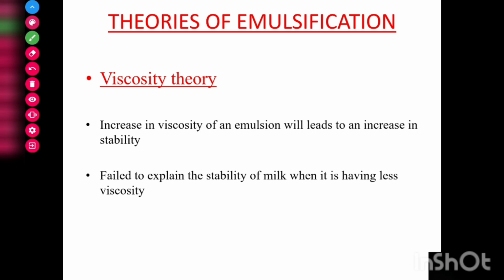The first one is viscosity theory. According to viscosity theory, an increase in viscosity of an emulsion will lead to an increase in stability. So this theory states that increasing the viscosity of an emulsion will surely increase the stability of that emulsion.